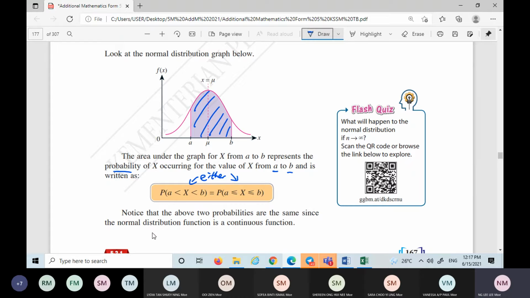Therefore, by writing the equal sign or not, both actually have the same meaning.